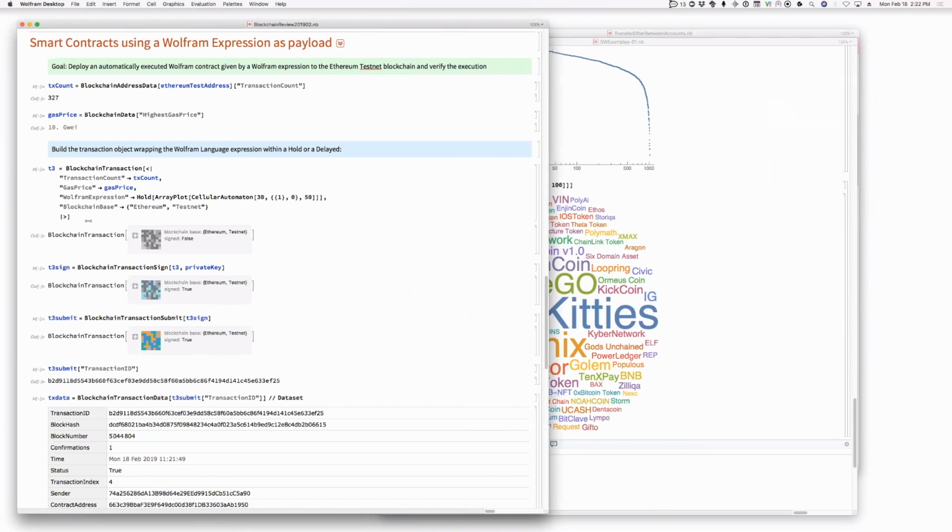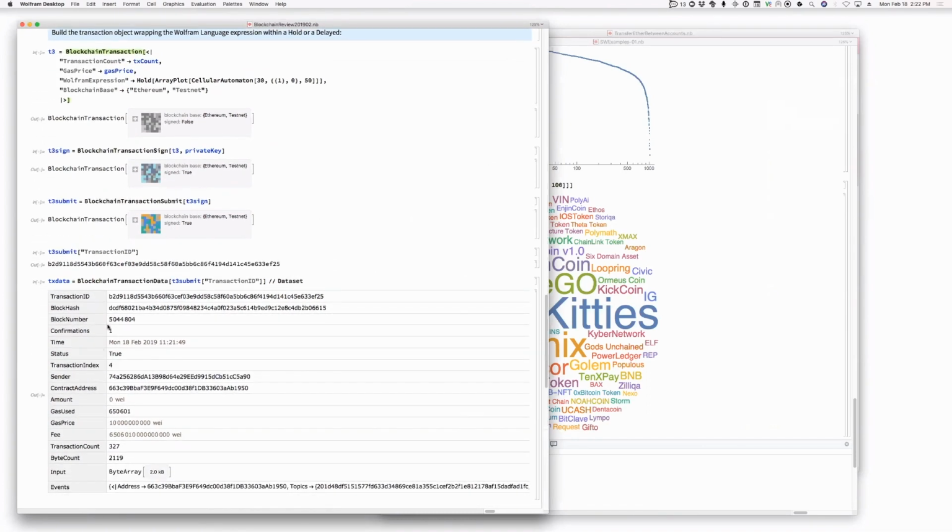In other words, there's a gas price here, we've got this expression. So when we make that transaction, we submit the transaction, then what's this here? That's the submitted transaction.